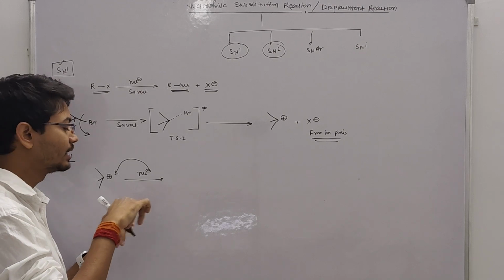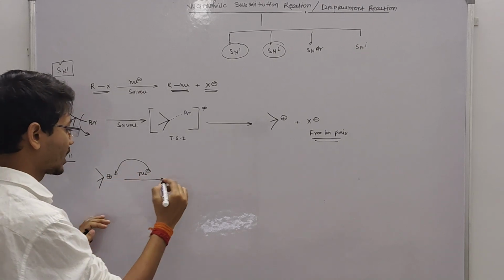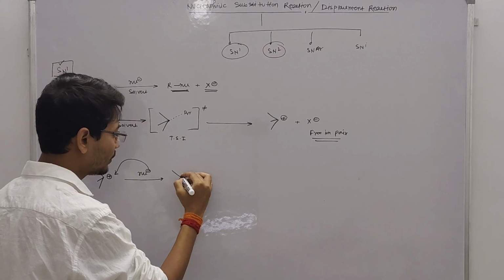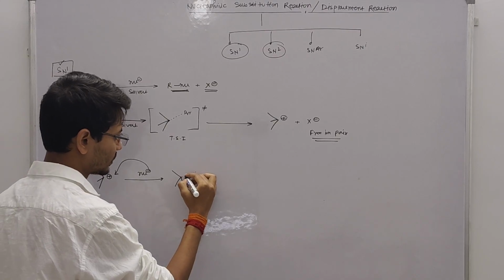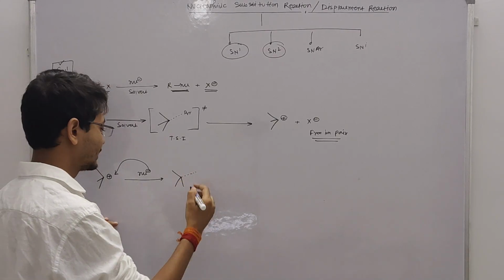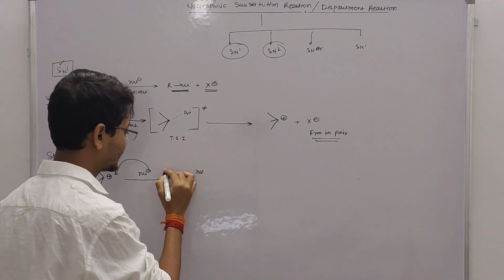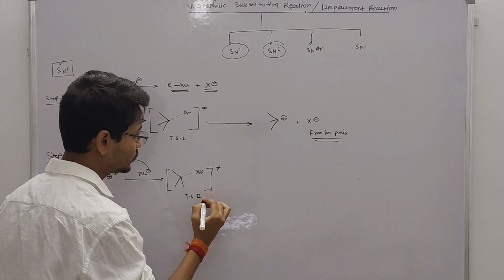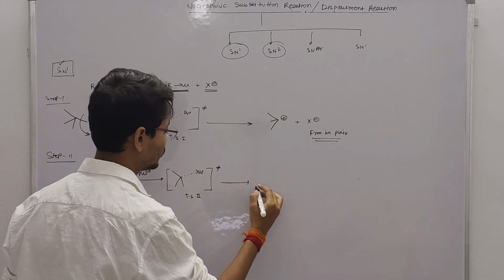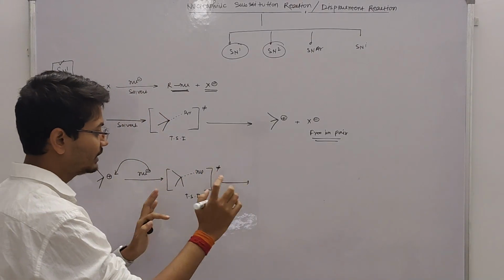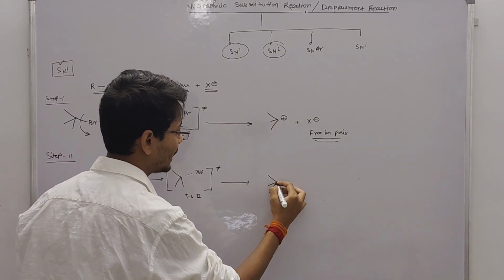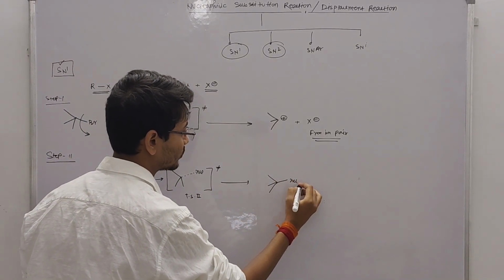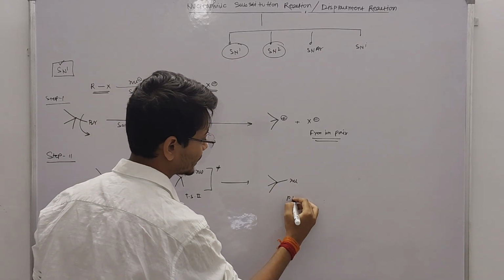The bond is forming, so we can represent it like this. This is your transition state 2. When they make a bond completely, it will appear like this. This is the nucleophile, and this is nothing but your product.